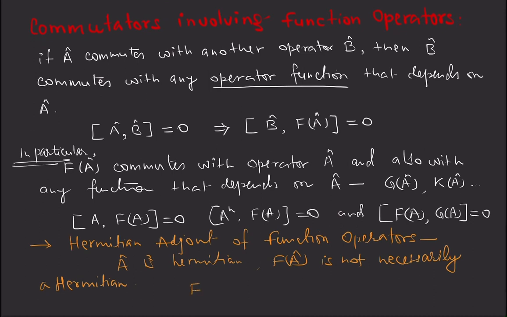So if f is the function of the operator A, then the adjoint of this function operator is defined as f star (A dagger). So as A is Hermitian, it can be written as f star (A). So we'll check whether, when A is Hermitian, the function operator will be Hermitian or not.